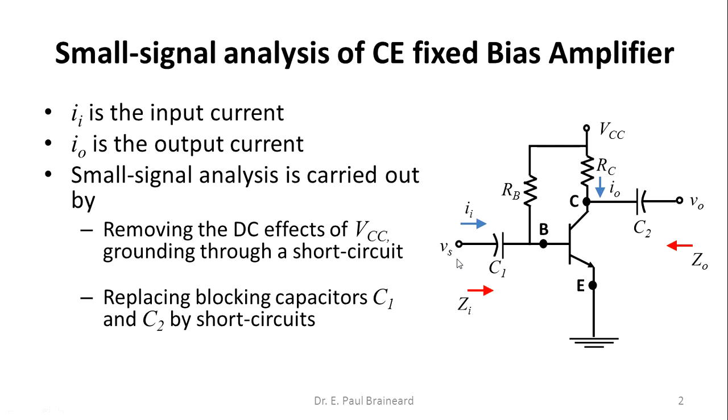Here Vs is the input signal, Vo is the output signal, Ii is the input current, Io is the output current, and C1 and C2 are the blocking capacitors.